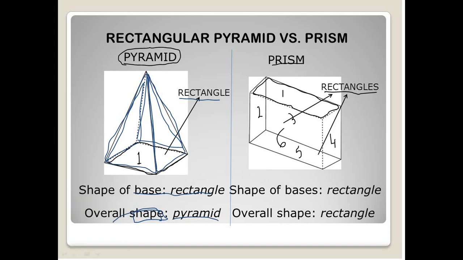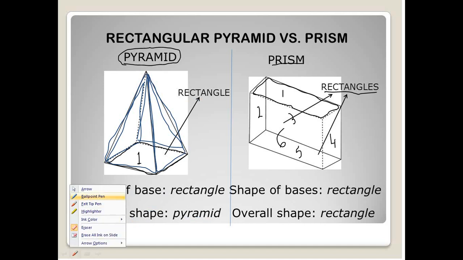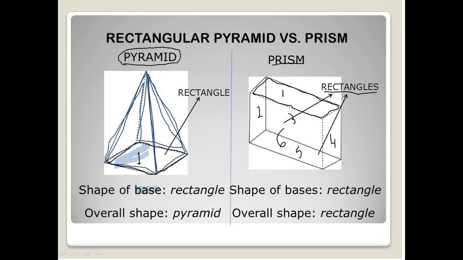Again, let's now erase this because I don't like the writing. Okay, let's highlight. The base here is the base only, let's color it. The base only, the bottom of the pyramid, is taking the shape of a rectangle. However, the overall shape as a whole, we call it a pyramid.